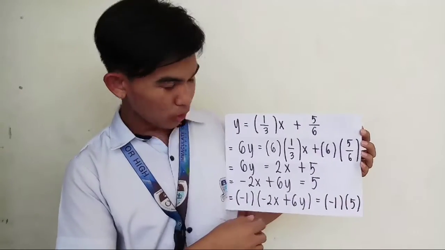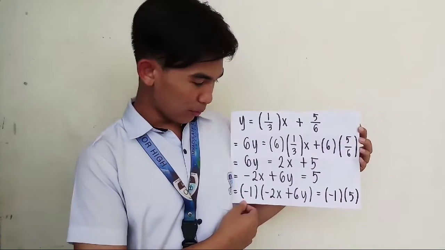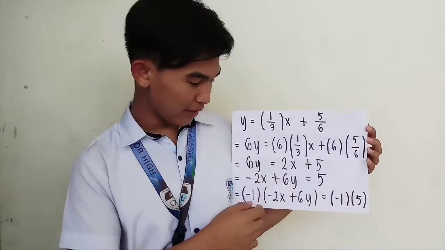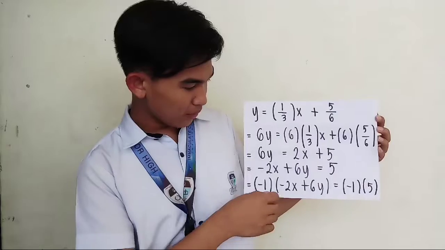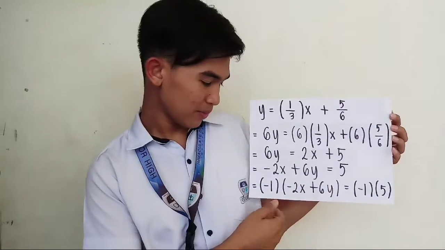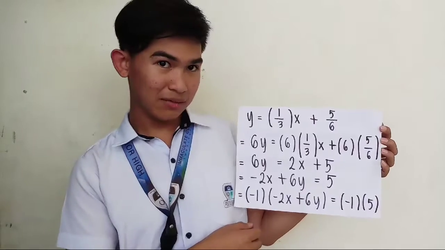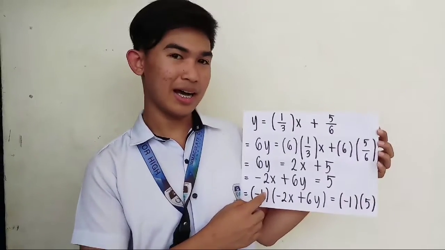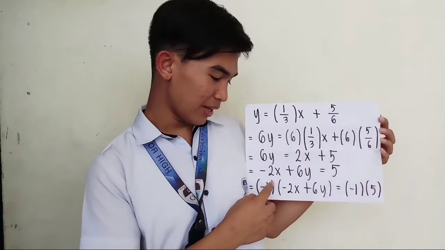To arrange it into standard form, we have to transpose 2x to the left side of the equation. So negative 2x plus 6y is equal to 5. We can't have a negative sign on our x.